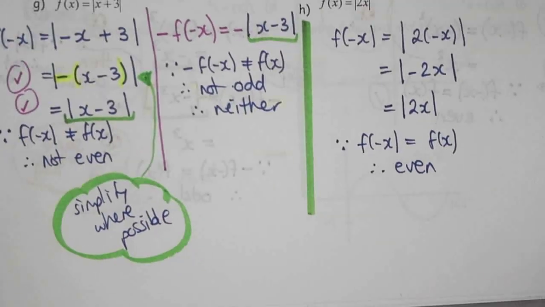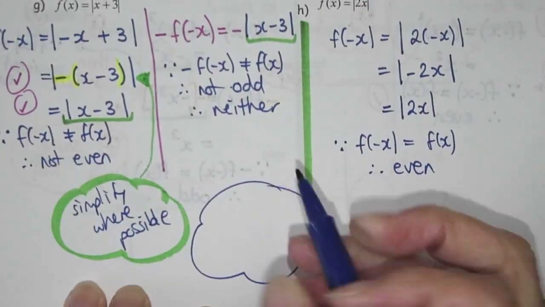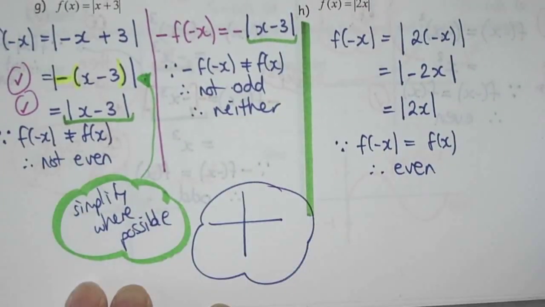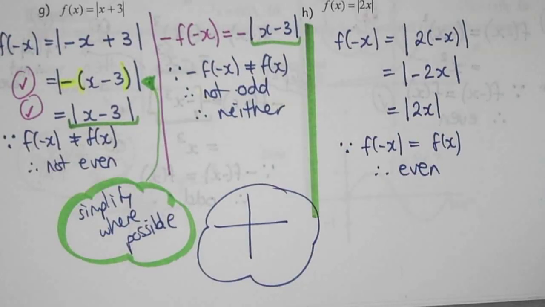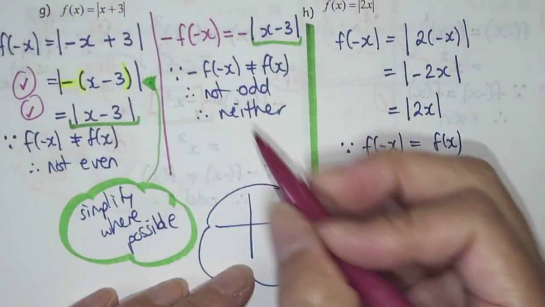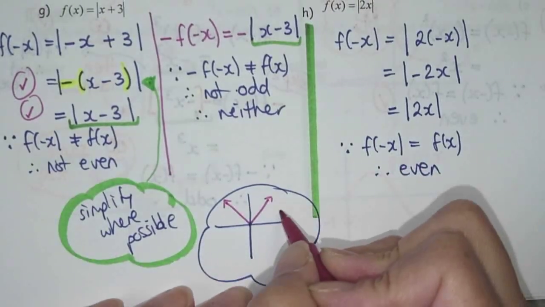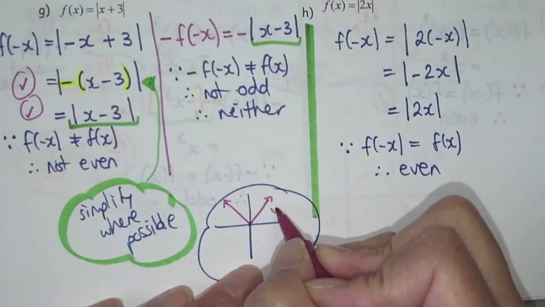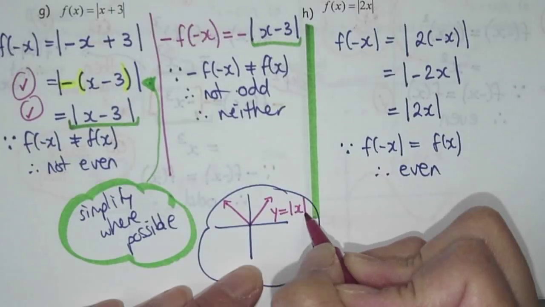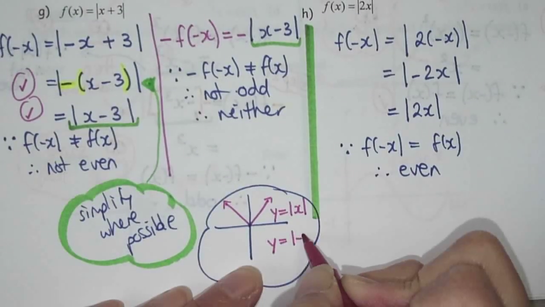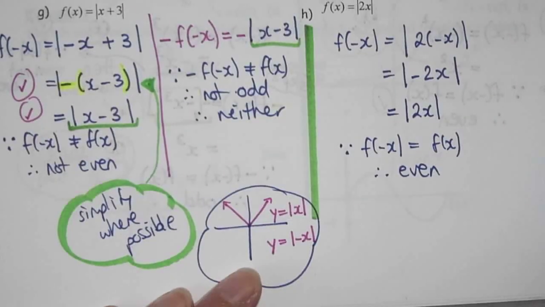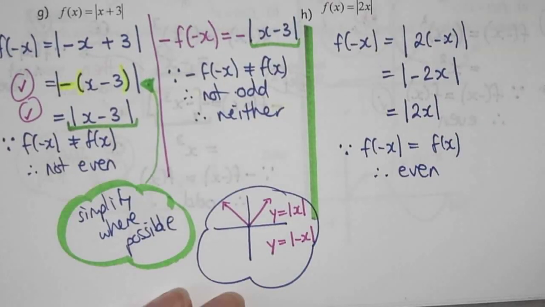What that means is, think about it this way. It's like the sine graph or the cosine graph I had above. I have the absolute value function, which looks like this. And what I'm saying is that y equals the absolute value of x and y equals the negative, the horizontal reflection, those are the same.